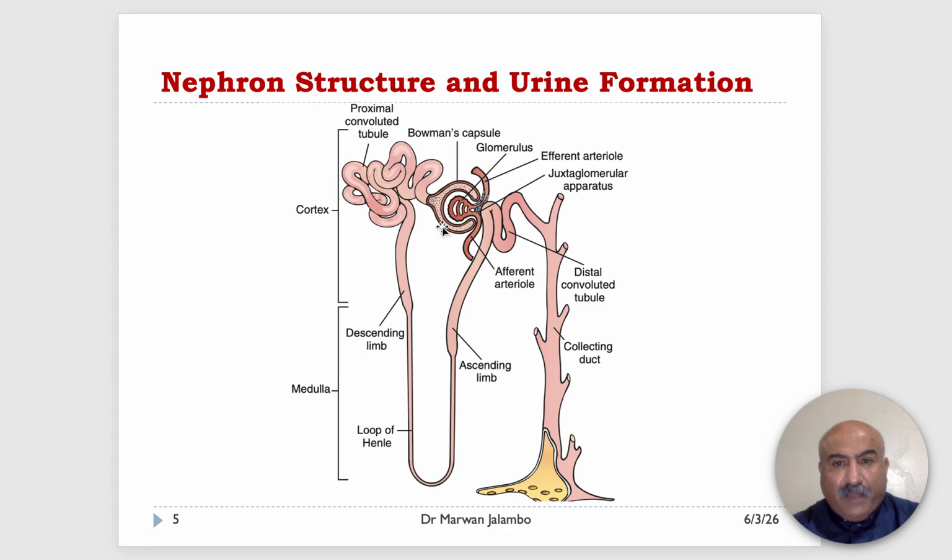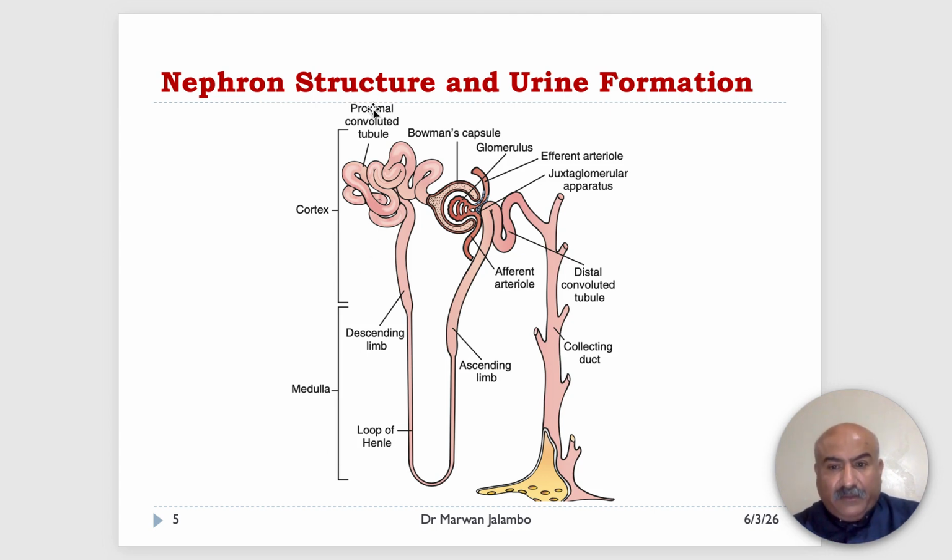This is Bowman's capsule. It produces the ultrafiltrate purely through passive perfusion pressure generated by the heart. From there, the fluid travels through different tubule segments.